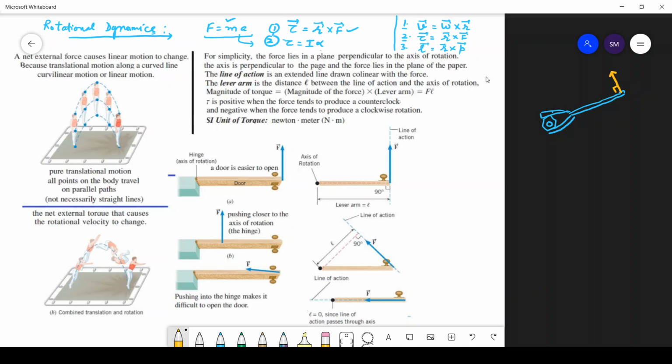So this is your R vector. If this is the origin, because this is the axis of rotation, right? So let us call this the origin. The axis of rotation is perpendicular to the plane of the board, right?